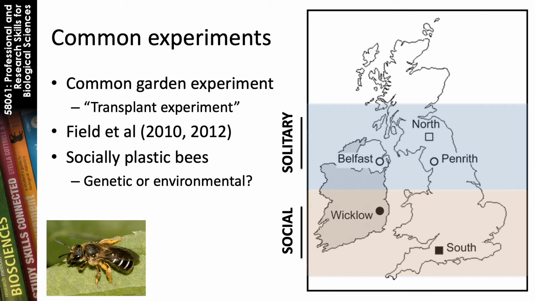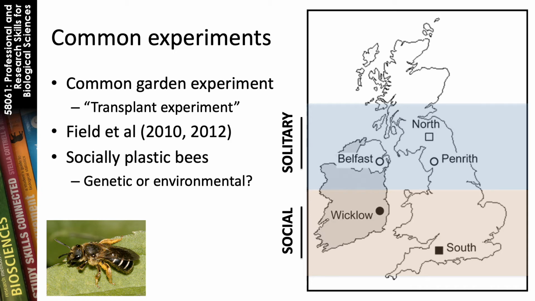And what Field et al. wanted to know was whether these represent different races of bees, whether they are genetically separate, or whether they are responding to different environments in the north and the south, and whether they would display different behaviour if you moved them from north to south.